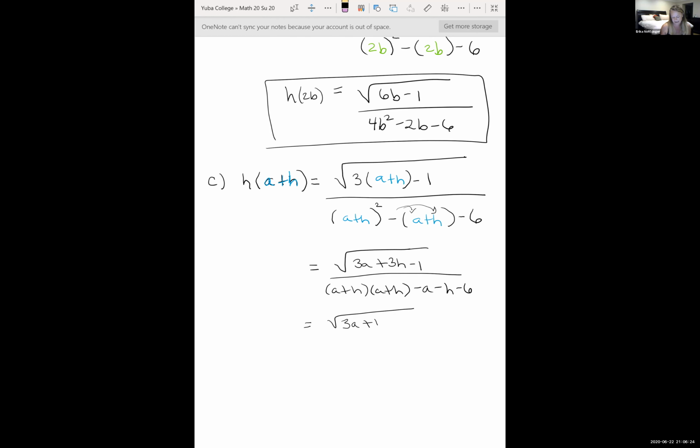Numerator, I can't simplify anything, so still my radical. I can distribute and hopefully, but I know I can't, looking at it, add any like terms. So if I distribute this out, I get a squared. This is an ah plus an ah, so plus 2ah plus h squared minus a minus h minus 6.